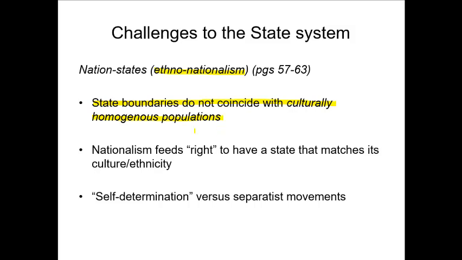So this concept of ethno-nationalism is that the state boundaries do not coincide with the culturally homogeneous populations that they would prefer. Now, this is very debatable because if everybody just divided up according to their own ethnicity of people that they agreed with or looked like or sounded like or believed like, yes, we would have a lot of separated territories with potentially more conflict.